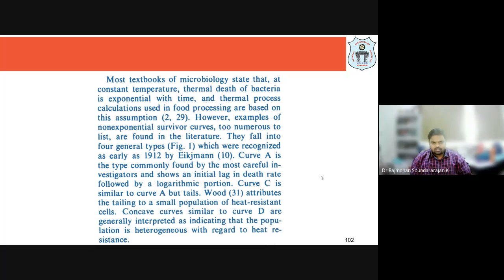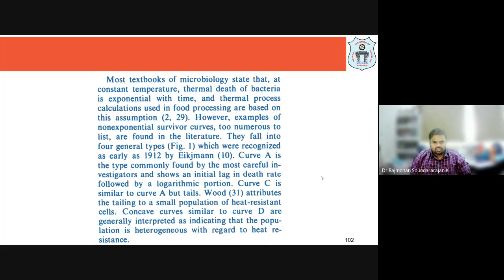However, examples of non-exponential survivor curves also exist. Survivor curves can be exponential or non-exponential. Whenever the temperature is constant, we come across an exponential death curve, but non-exponential ones can also be found in the literature.